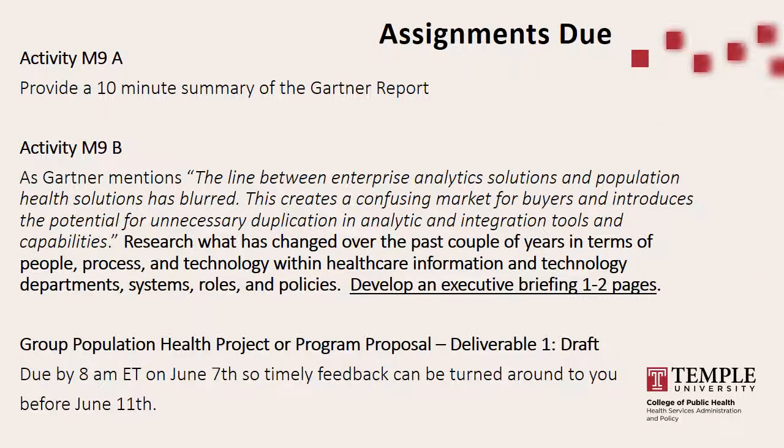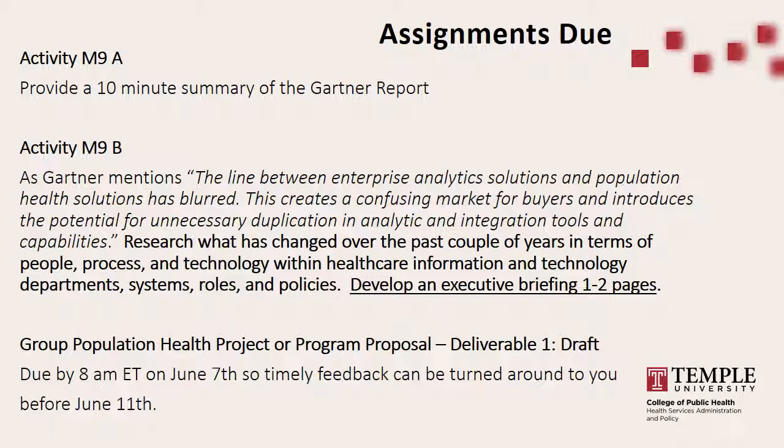So the assignments due for Module 9, one is to make sure that you read that Gartner report and then provide a 10-minute summary. The second activity, in that Gartner report, Gartner analysts mentioned the line between enterprise analytics solutions and population health solutions has now blurred, and this can create a confusing market for buyers and introduces the potential for unnecessary duplication in analytic and integration tools and capabilities.